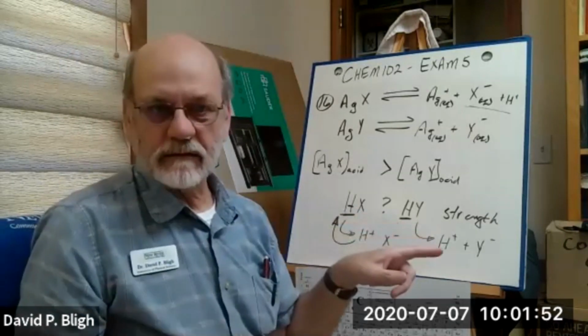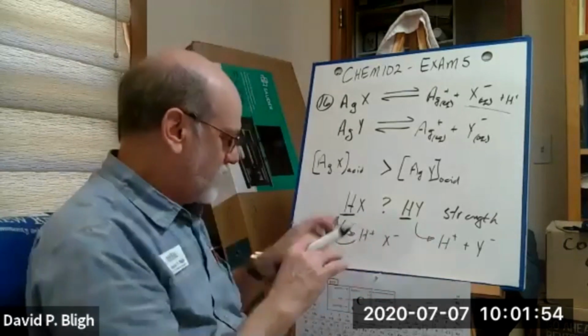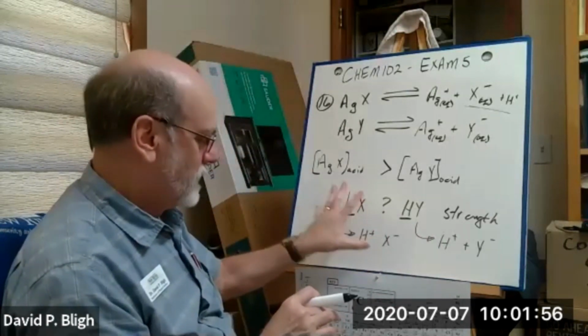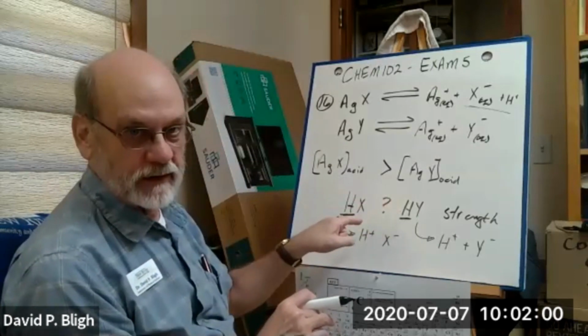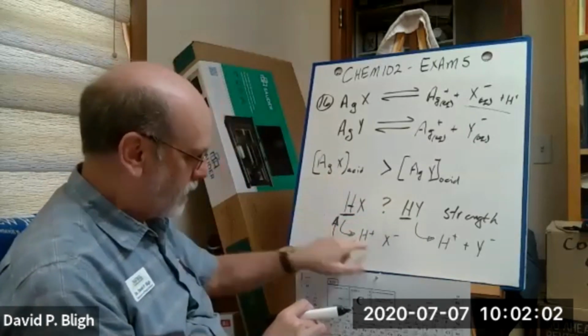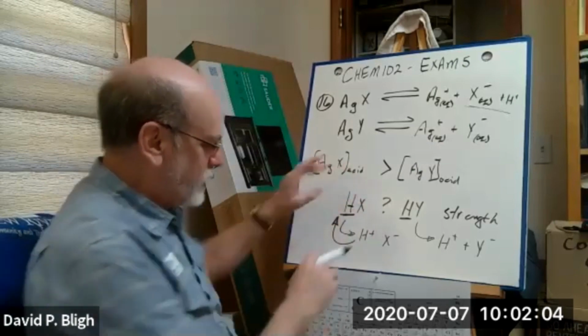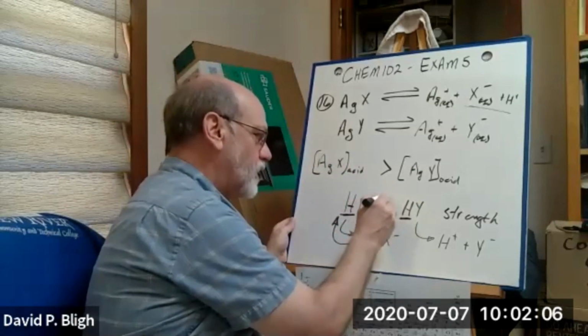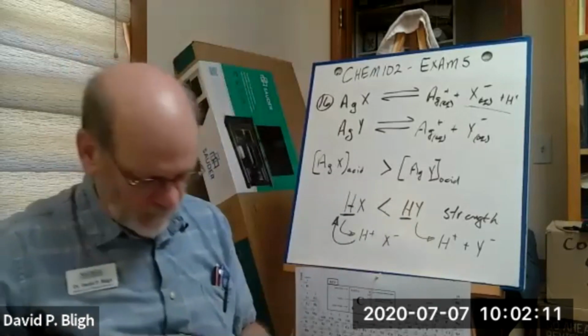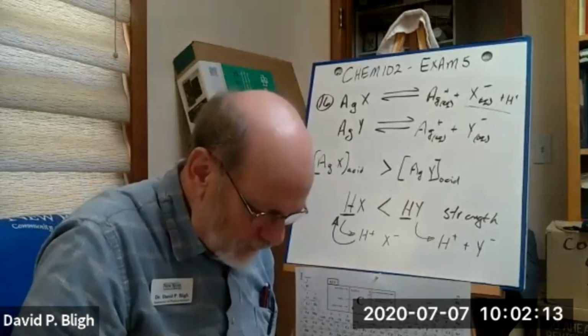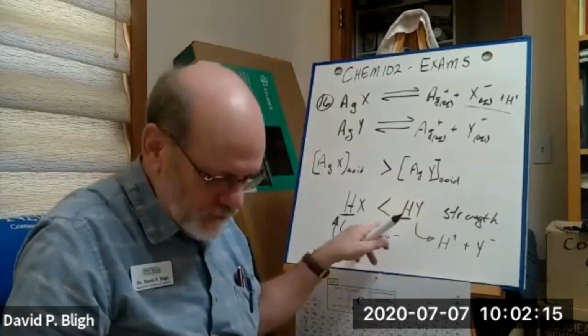Does everybody see that? Okay. If this reaction is favored, that means this is a weaker acid than that one, because it wants to be here, not there. So this one is weaker than that one. Let's see, did I get it right? Y is stronger than X, yeah.